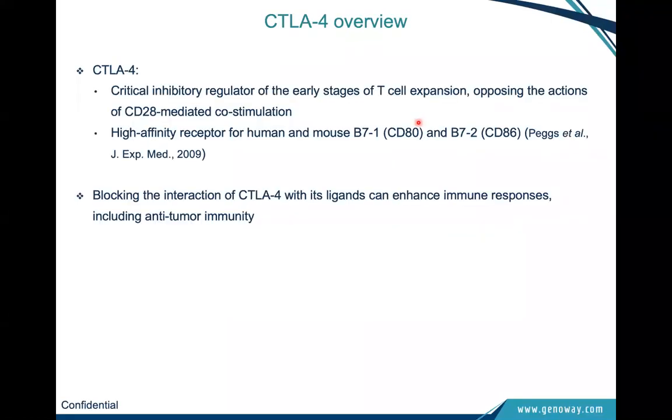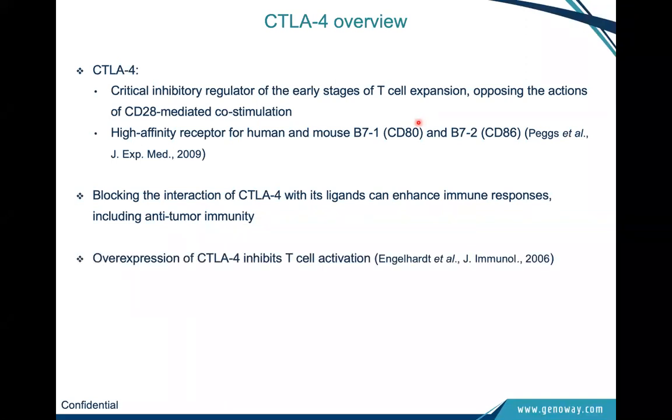As you know, CTLA-4 plays a key role in the regulation of the early stage of T-cell expansion, and it opposes the action of CD28-mediated co-stimulation. It has two ligands, CD80 and CD86.